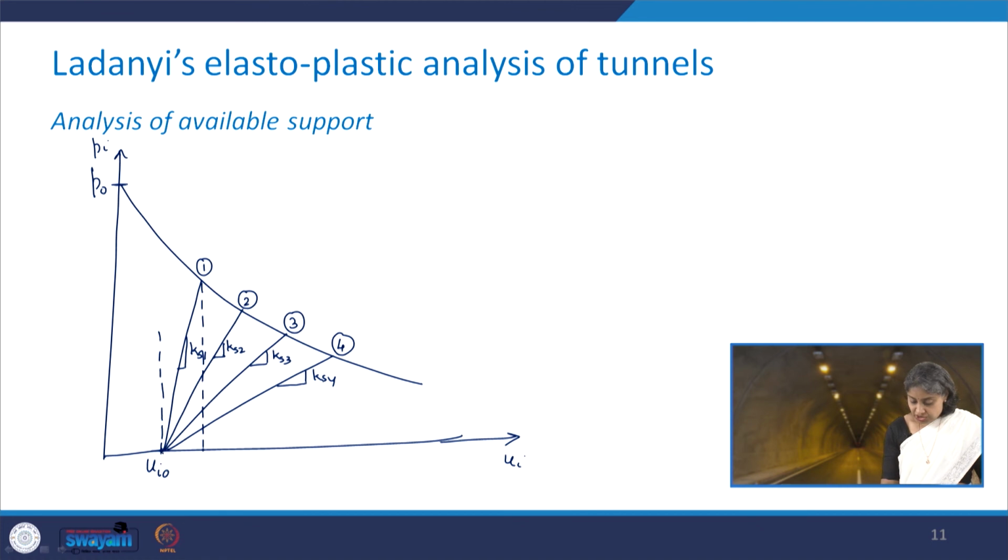So here this uio is this distance. Now corresponding to the first one, here you will get a value of uie. Similarly, for the second one, the deformations are going to be more as the stiffness of the support system reduces.